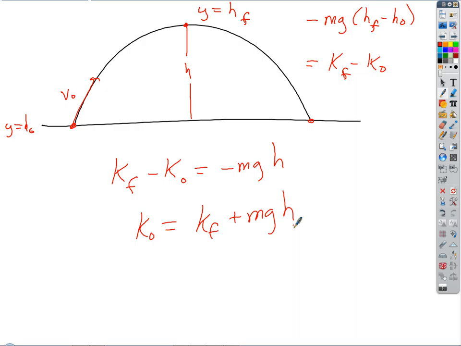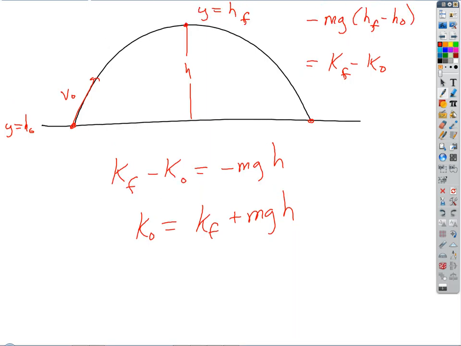Think about that. What that's saying is our initial kinetic energy, some of it was lost, and the part that was lost was stored in this other term called mgh, which is our gravitational receptacle, our gravitational potential energy.